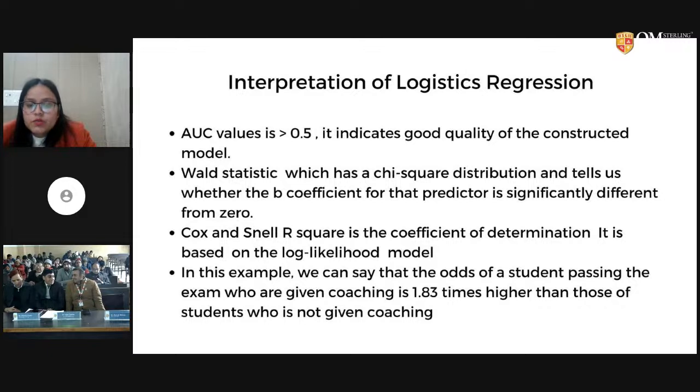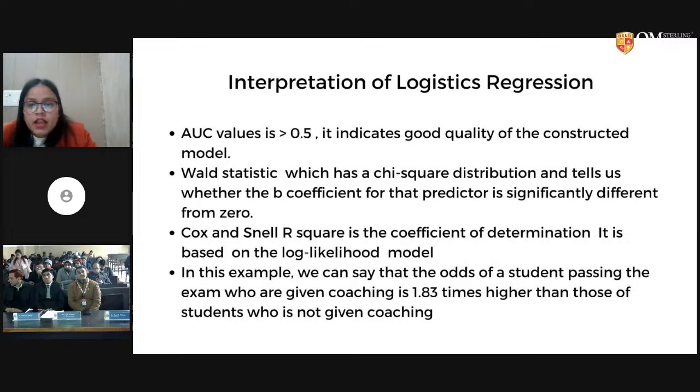The main difference between multiple regression and logistic regression is that in multiple regression, your dependent variable has to be continuous in nature. In logistic regression, your dependent variable can be categorical. Multiple regression works on the least square method, whereas logistic regression, because it works on the probability of an event happening and not happening, generally works on the log likelihood model.